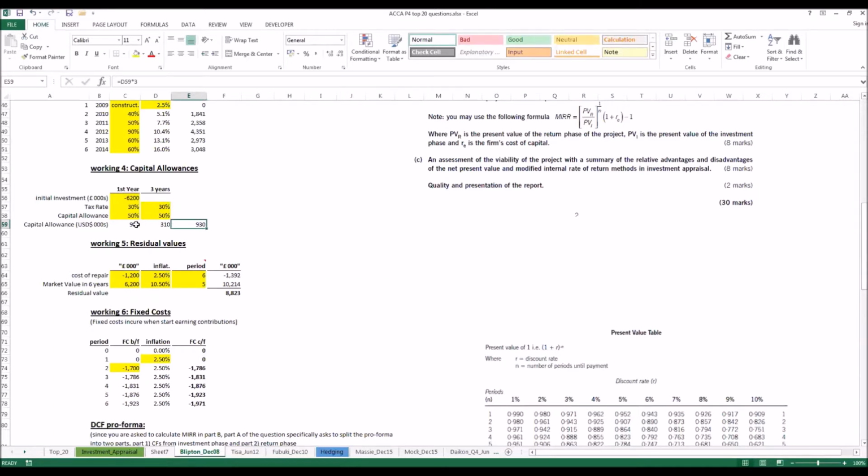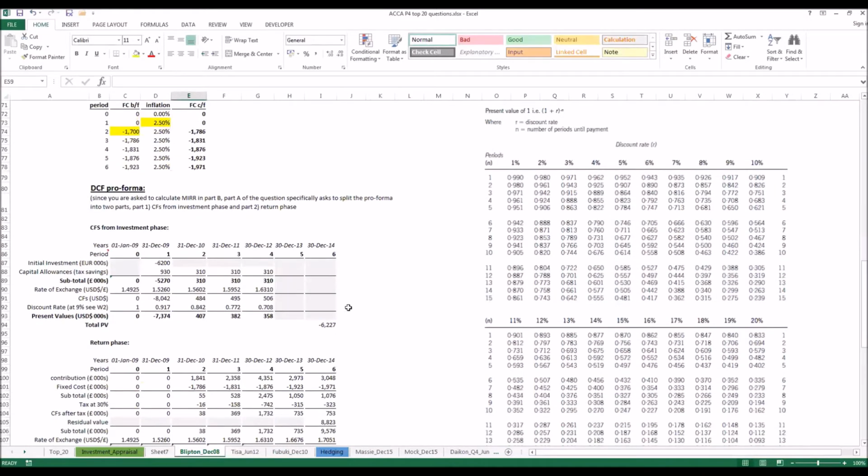So 930 plus 930 gives us a total of 1.860 of total tax savings. So that will effectively go into the pro forma here.